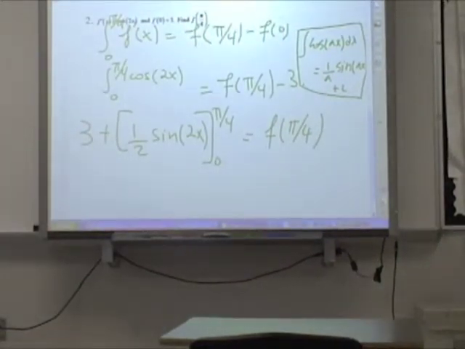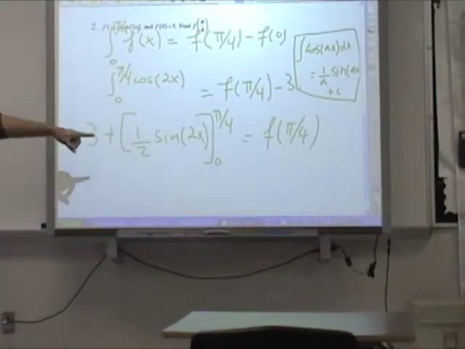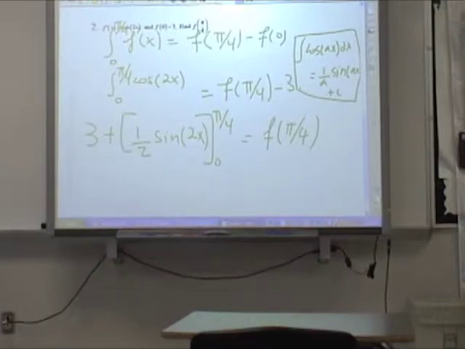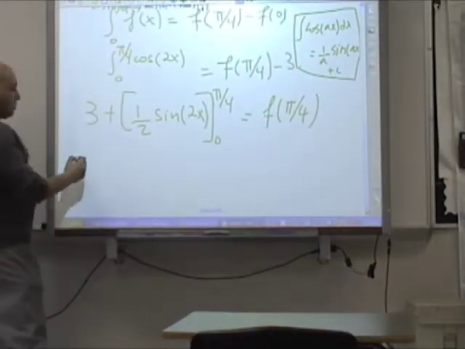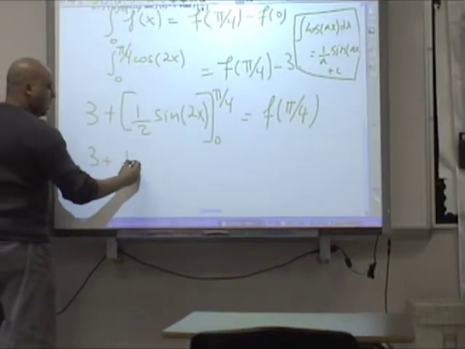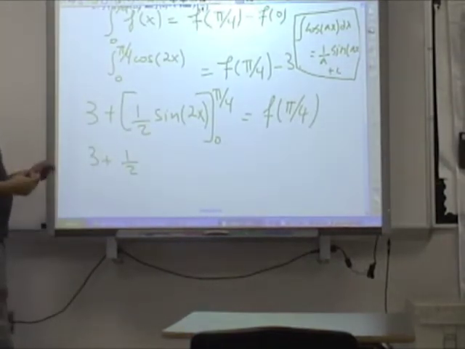F of pi over 4 will equal 3 plus the integral evaluated from 0 to pi over 4 of cosine of 2x, which now if we apply the limits, 3 plus 1/2. Since both terms will have 1/2, I can pull 1/2 out.